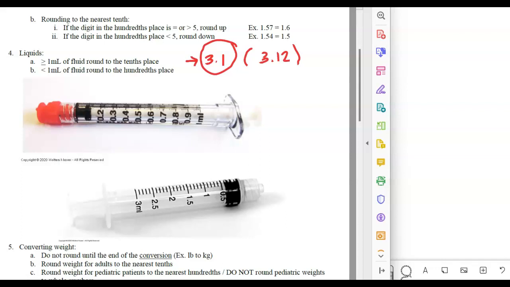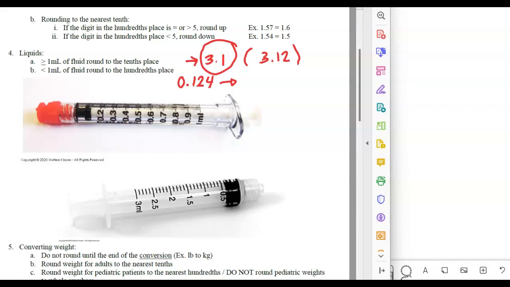Now, if it's something less than 1 ml of fluid, you round to the hundredths place. What do we mean by that? So if this is what you get, we want you to round to the hundredths place.